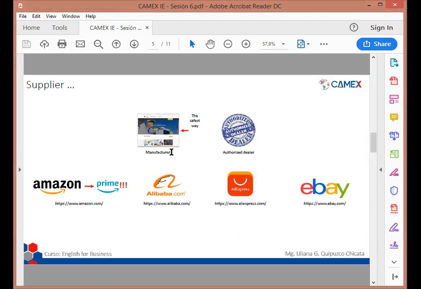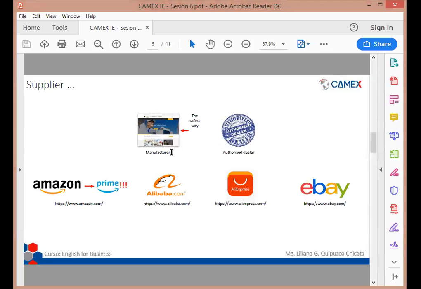We had to go to the authorized dealer, and the authorized dealer, let's say for example, would sell us the product that we needed at $600. But when we went back to the manufacturer and asked for approval to buy from an authorized dealer outside Peru, he said that it was okay if we could find one.